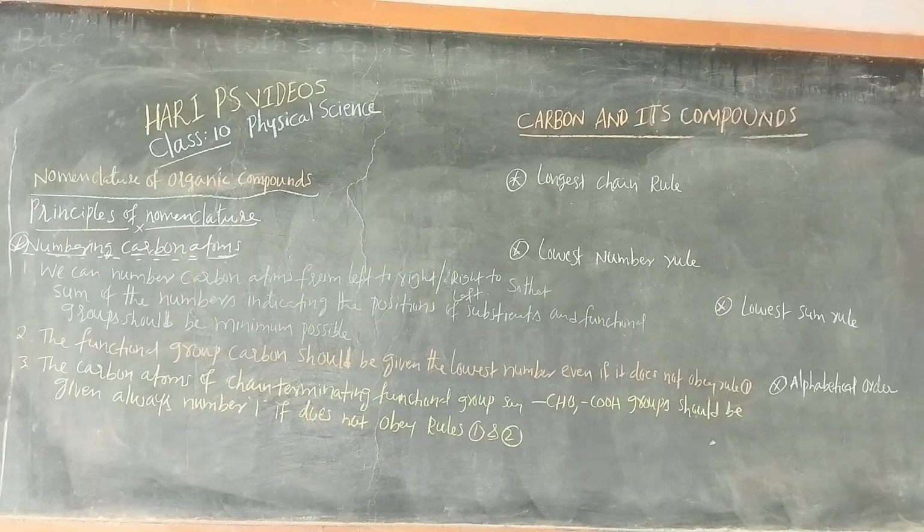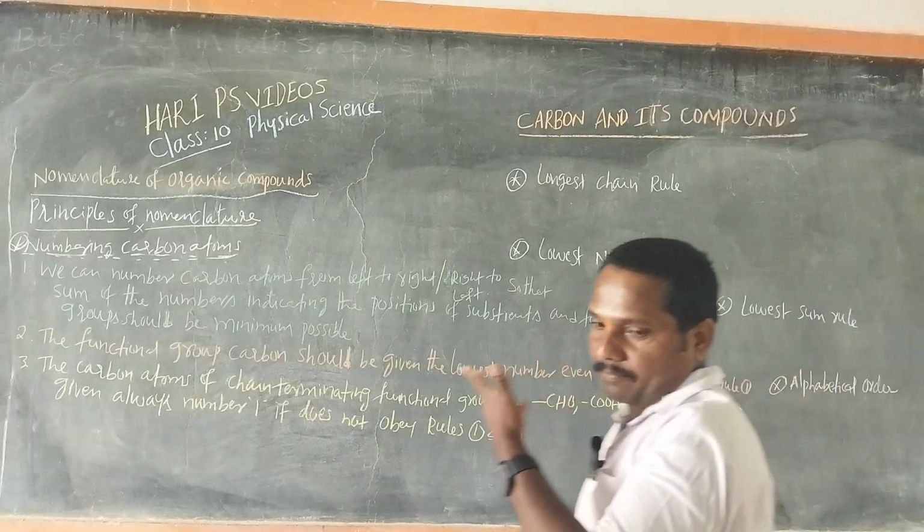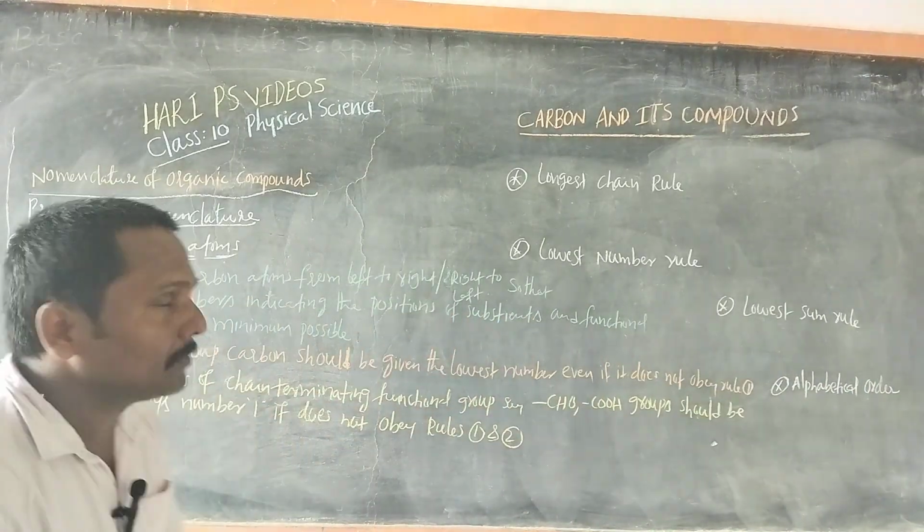So if the compound has a functional group that contains a carbon atom, we need to give the first priority to it. So let us discuss with some examples.